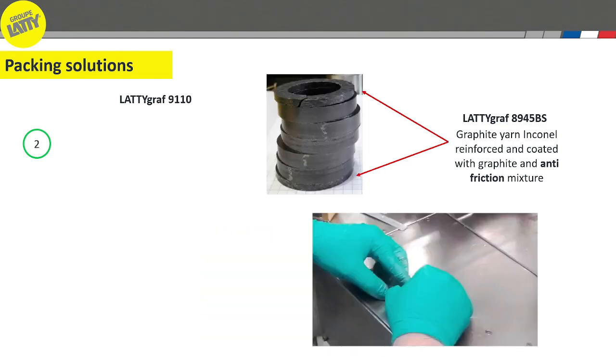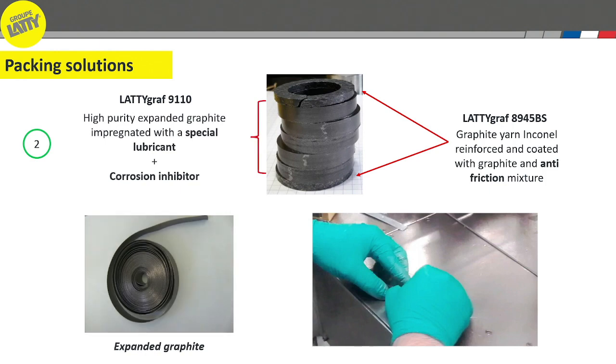For the second solution, which is a graphite-based solution, we have the Latigraph 9110, which is made of high purity expanded graphite impregnated with the same special lubricant, pre-compressed and treated with a corrosion inhibitor.